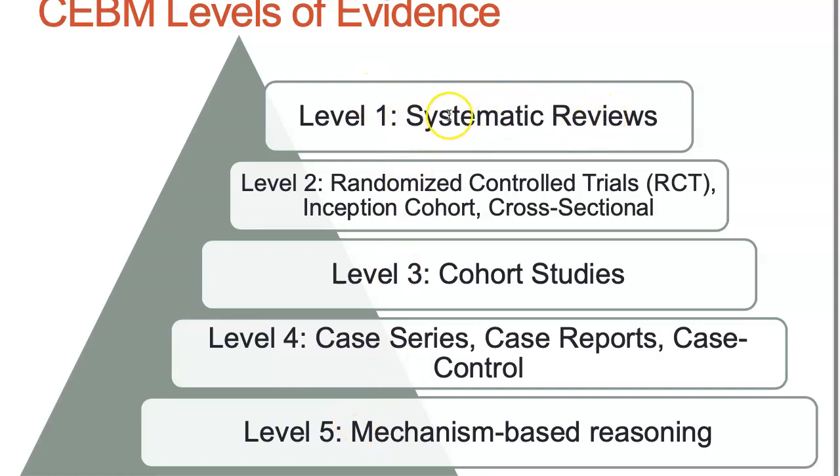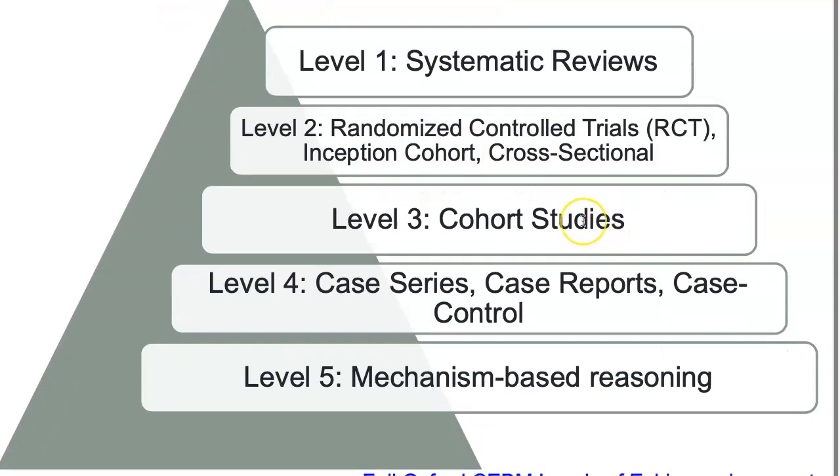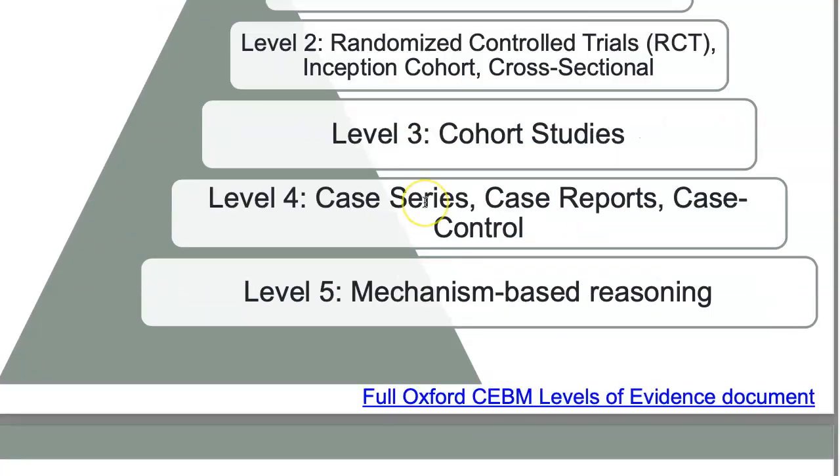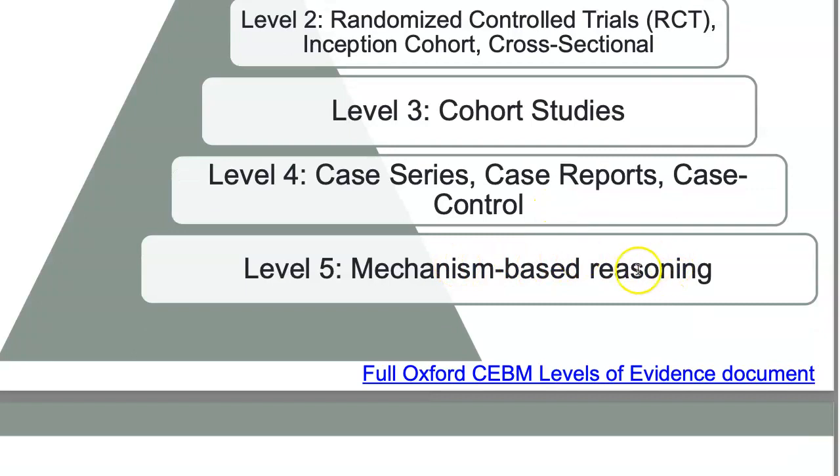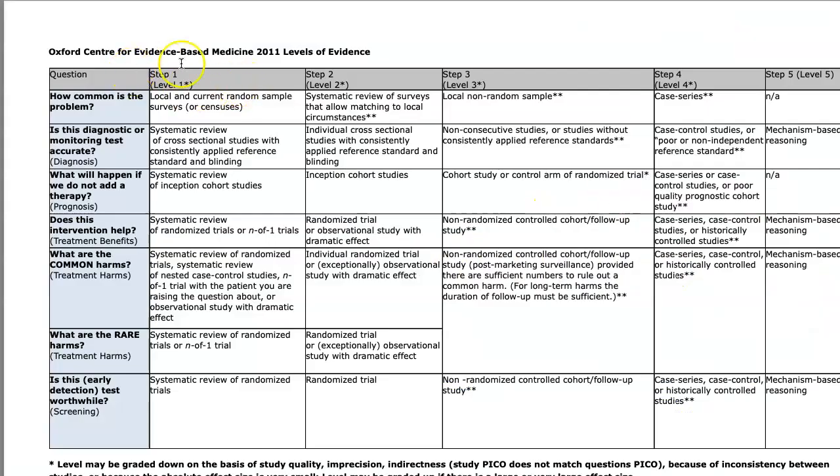Level 1 is typically systematic reviews or meta-analyses. Level 2 is typically a randomized controlled trial, inception cohort, or cross-sectional studies. Level 3s are cohort studies. Level 3 or 4 are case studies, case reports, case control. And level 5s you really shouldn't be using. That's what this document is going to go over, and we're going to spend some time on how to interpret it in a second.